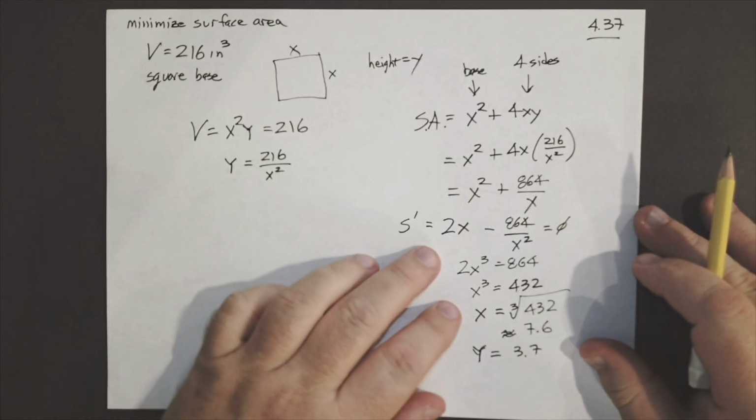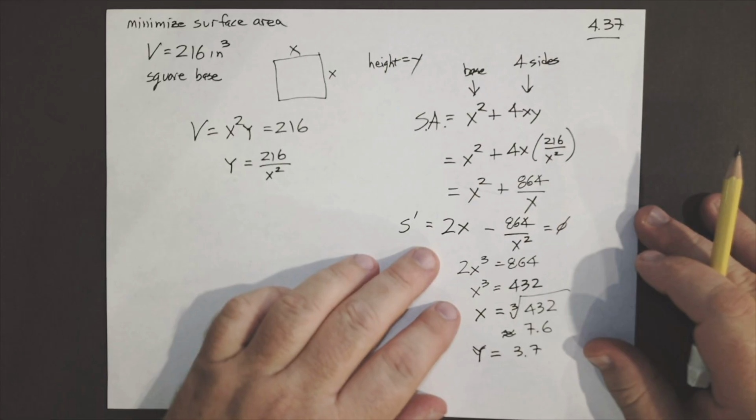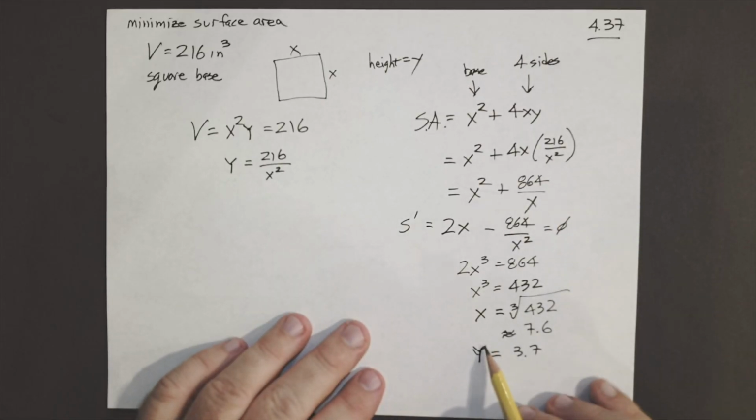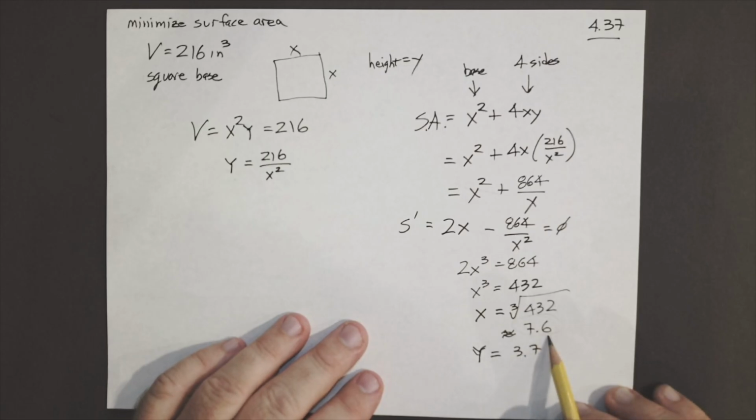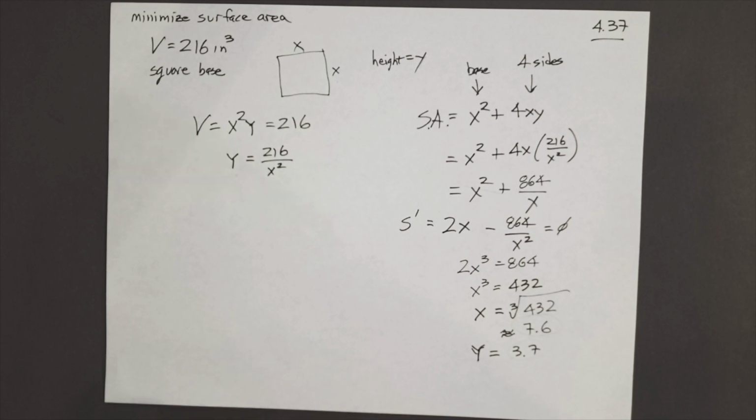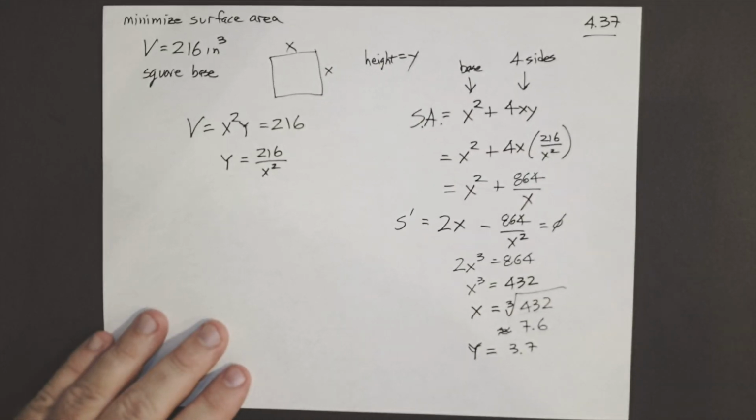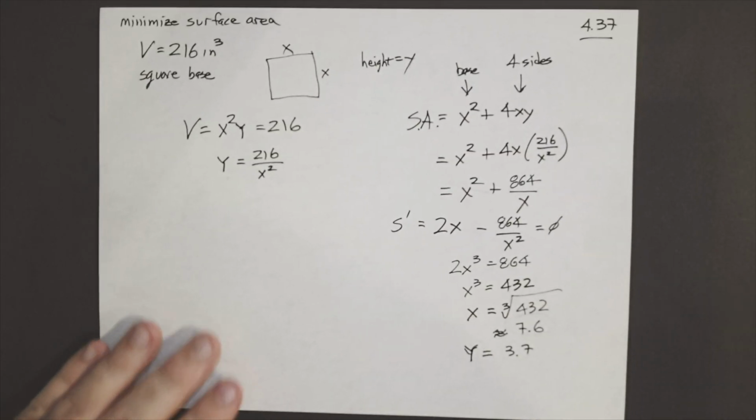I can take my S prime and figure that out. Then here I get that x is about 7.6, which means my y is about 3.7. Then you can figure out the size of the base, the total surface, whatever the question is. But same kind of idea there.